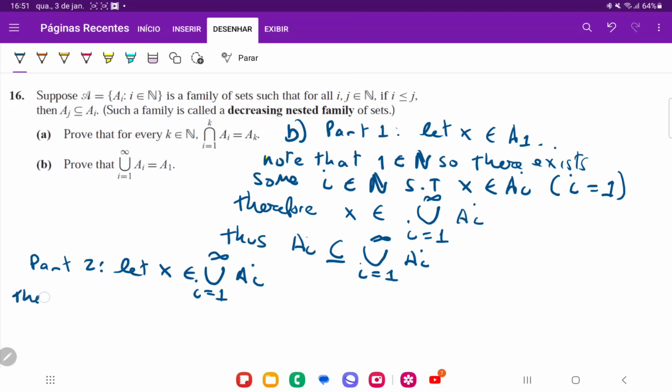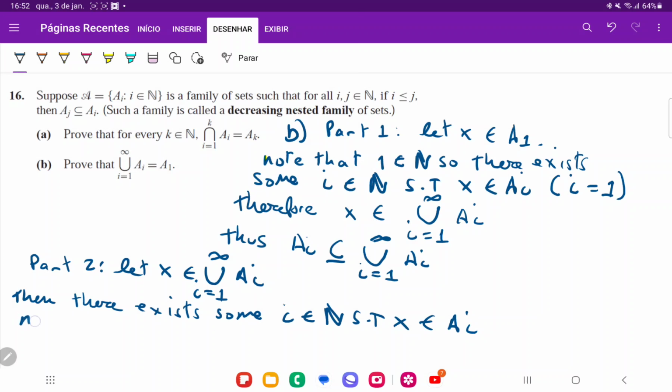So then there exists some I belonging to the natural numbers such that x belongs to a sub I, because that's the definition of x belonging to the union.